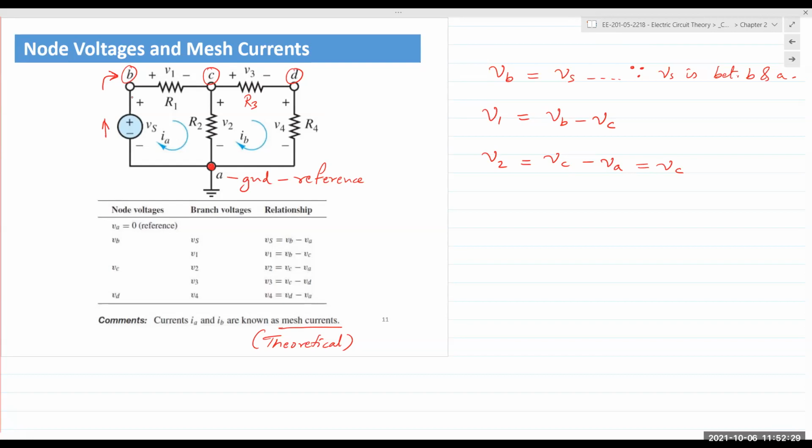Even if we choose V1 to be opposite, it's going to be the opposite for all equations in the circuit. So as long as you're consistent within your problem, your answer will always turn out to be correct, right? V1 will be opposite polarity for the first equation, the second equation, the third equation, the fourth equation, however many equations we write in the circuit.